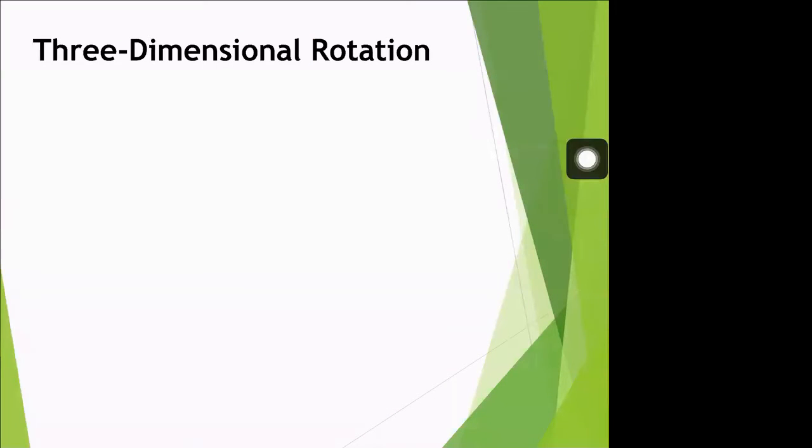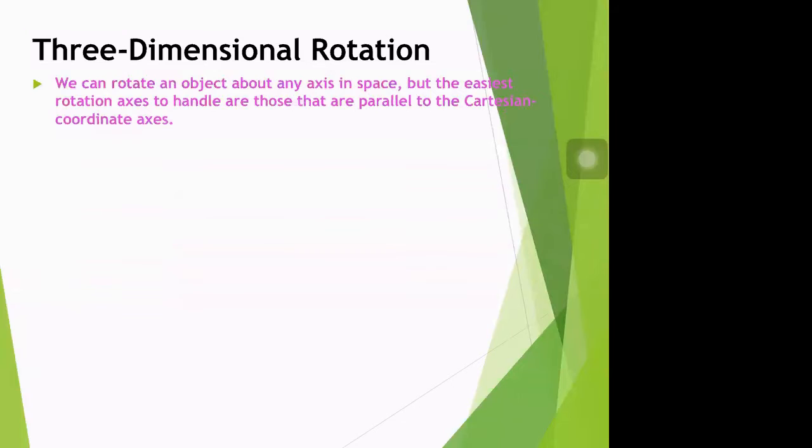Next we will go to 3-dimensional rotation. In 3-dimensional rotation, we can rotate an object about any axis in space, but the easiest rotation axes to handle are those that are parallel to the Cartesian coordinate axes.